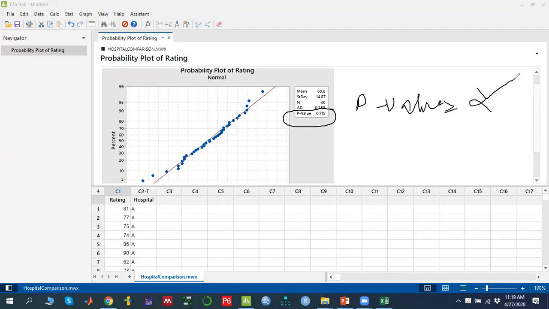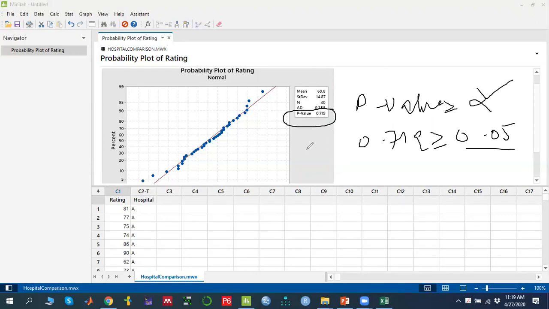Right now the p-value is 0.719, which is greater than alpha, 0.05, assuming alpha is 0.05. So this condition is true, and we accept H naught.